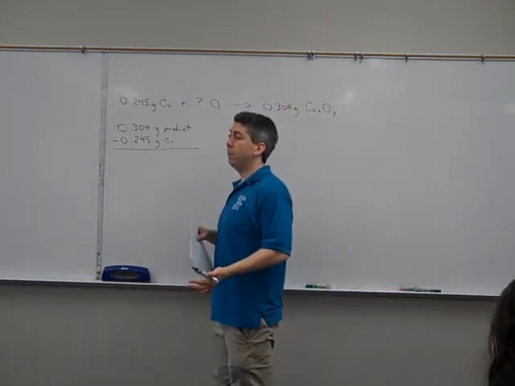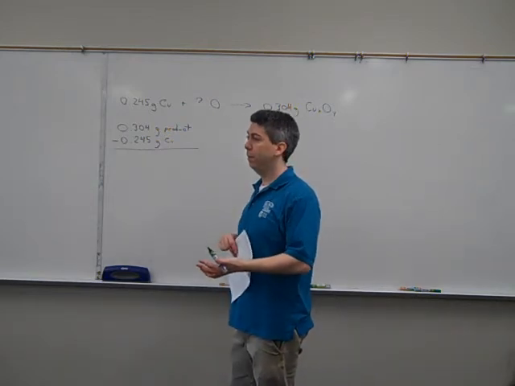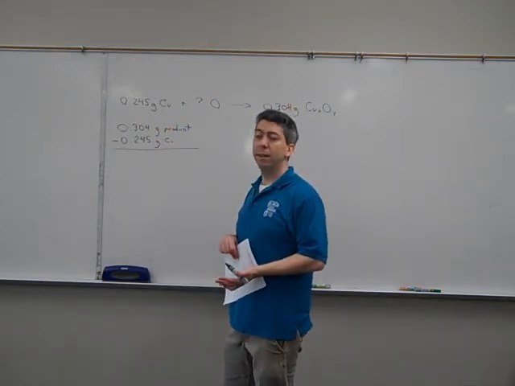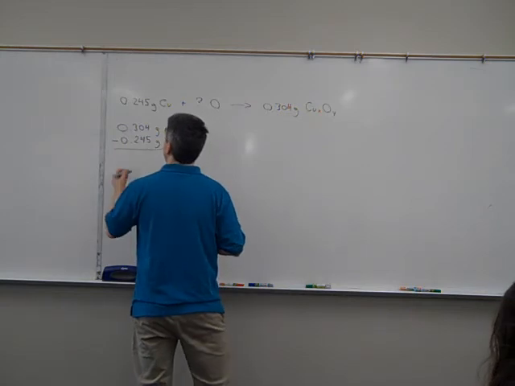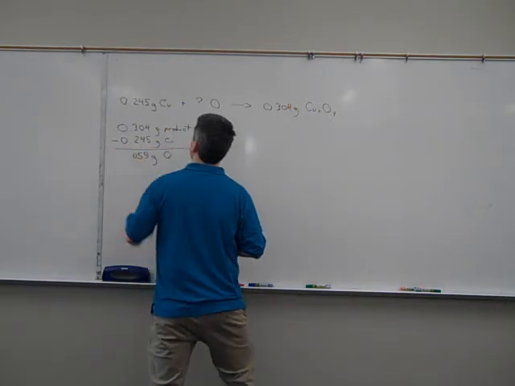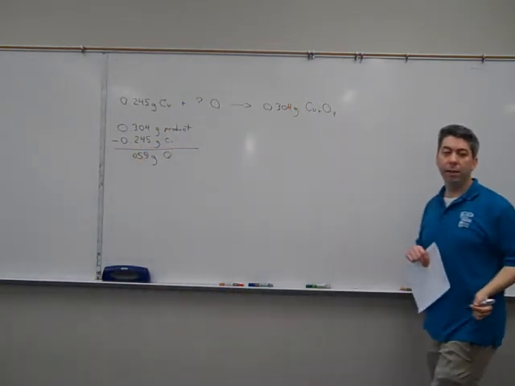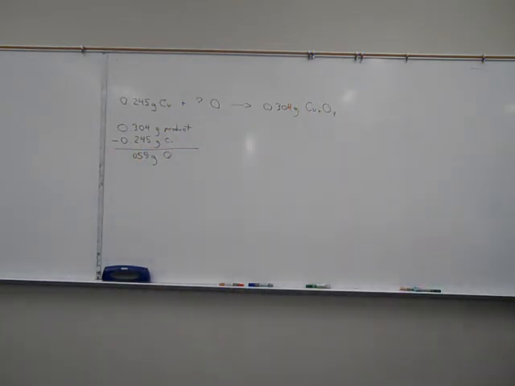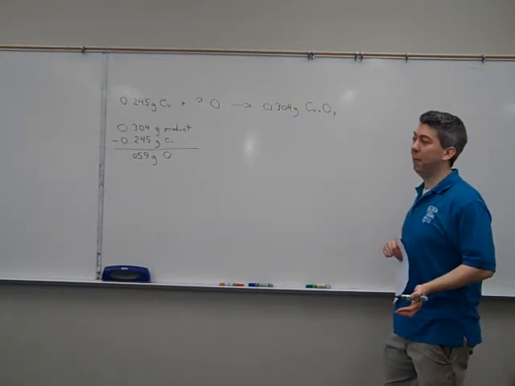How many grams of oxygen were added to the copper metal? Does that make sense? So this is going to give me about 0.059 grams of oxygen, I believe. You may want to check my mental math. My mental calculator hasn't been 100% accurate today.